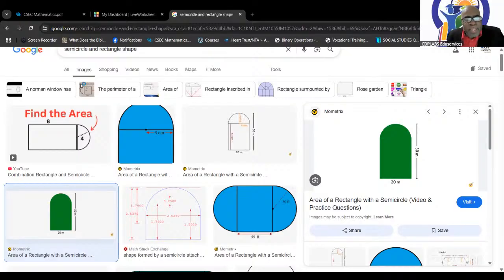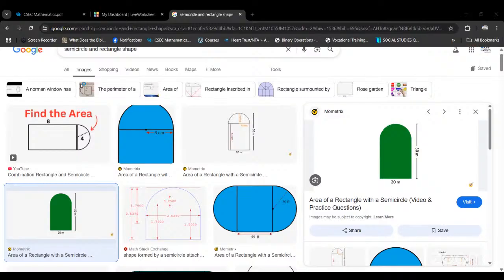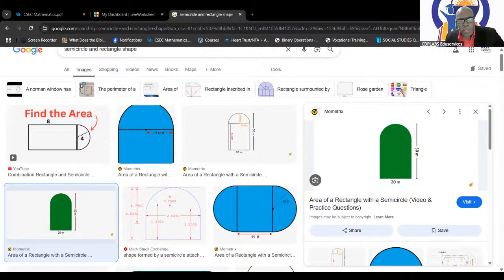So when you find that arc length, then the ball game is good. What about if you were to find the area now of that shape?